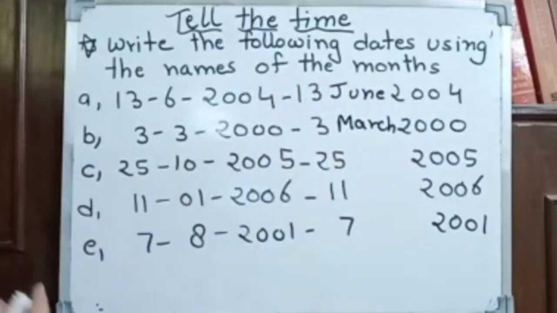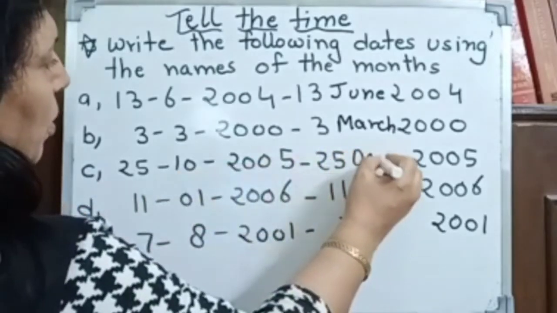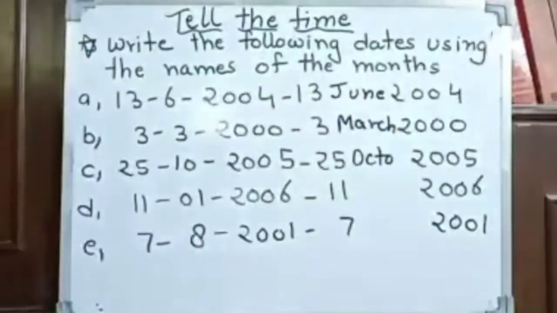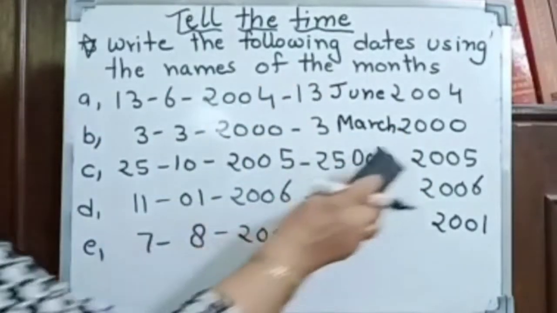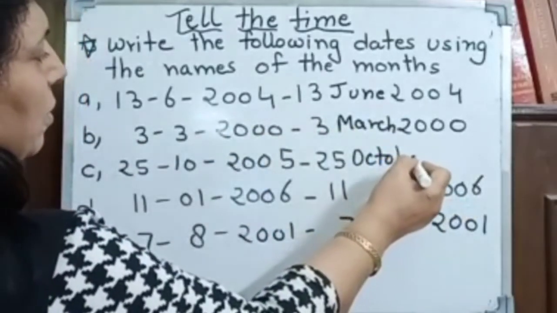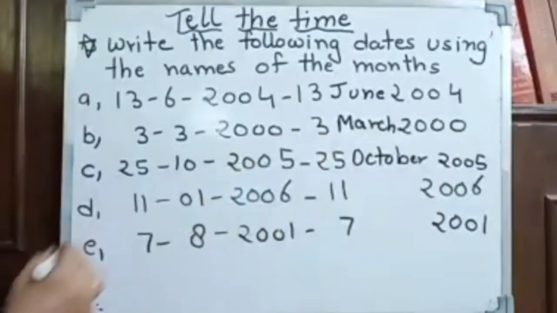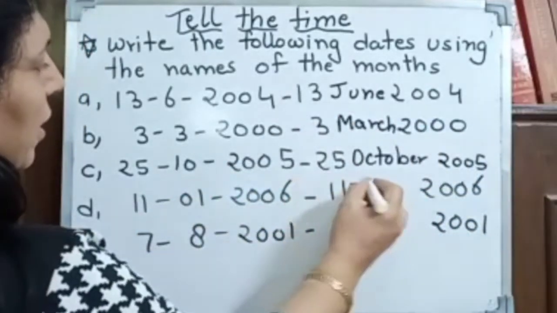Now 10th month. January, February, March, April, May, June, July, August, September, October. So write here October. So here full spelling of October and then 2005. So here first means January.